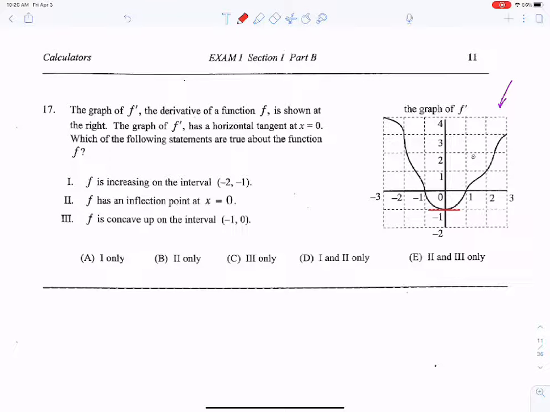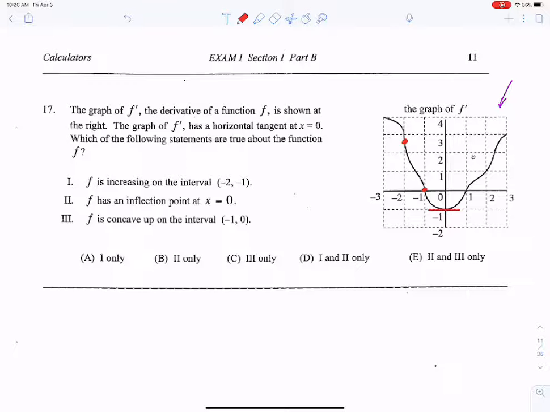So let's see what we got. Which of the following is true about the function? f is increasing on the interval from -2 to -1. And that is true.